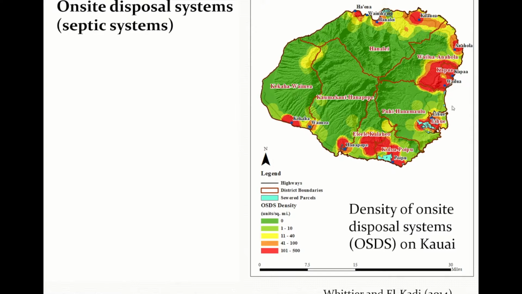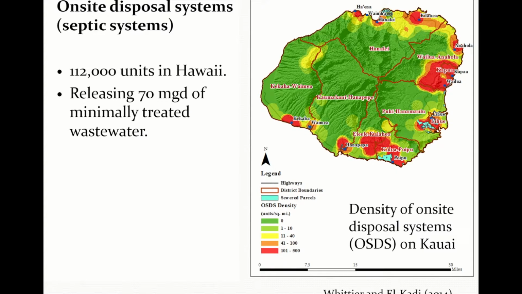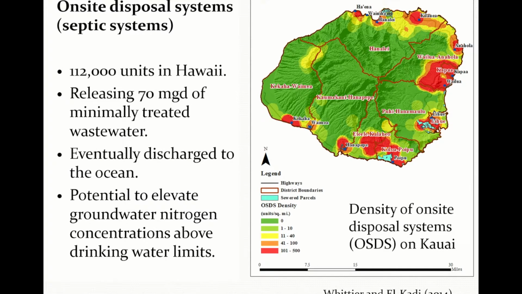So you can imagine, for sea level rise, that would be a very serious problem. And we really have to worry about disposal because we have more than 100,000 units in Hawaii, and they release 70 million gallons a day of minimally treated wastewater, and that can end up in the ocean. And inland, it can increase nitrate concentration beyond the acceptable limit.